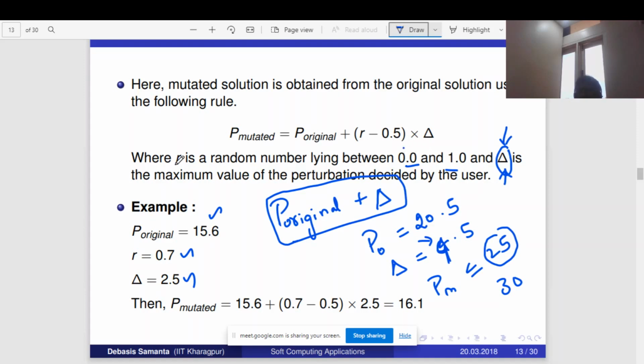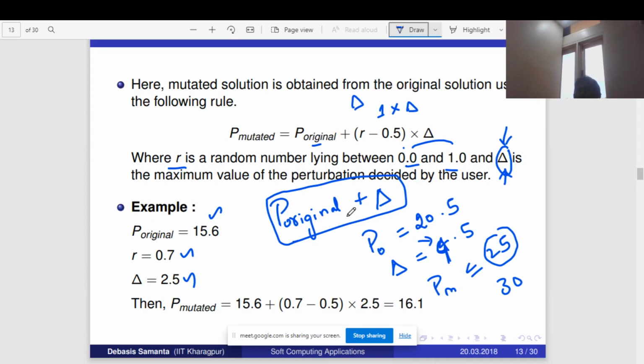R is a random number between 0.0 and 1.0. So the maximum value R can take is 1. So what is 1 into delta? Delta. So the maximum value P mutated can take is P original plus delta. Are you getting it?